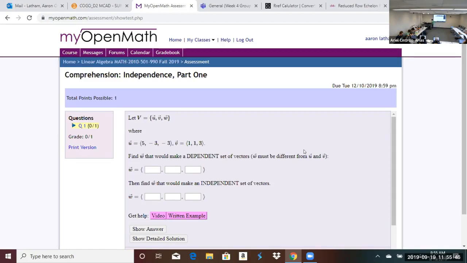A couple of ways. So how about alpha 1 u, alpha 2 v, alpha 3 w? When we're talking about either dependence or independence, what we are saying is that this linear combination would be equal to 0, 0, 0.